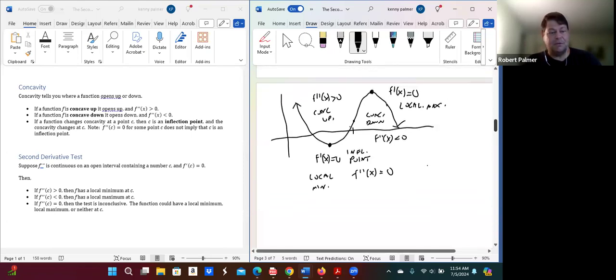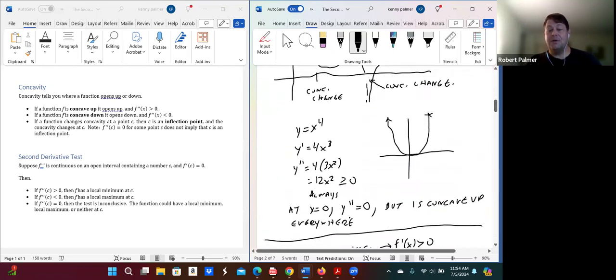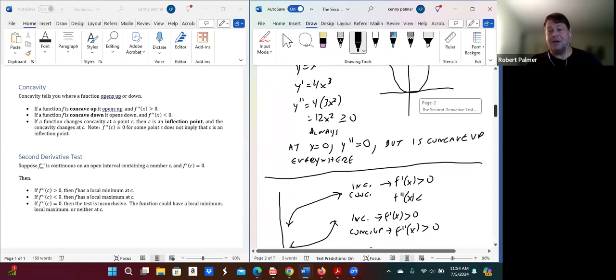So wherever the second derivative is 0, we don't necessarily know from the second derivative test what that is. As we mentioned, for y equals x to the fourth, the second derivative is 0 there, and that was actually a local minimum, so we can't tell that from the second derivative test.